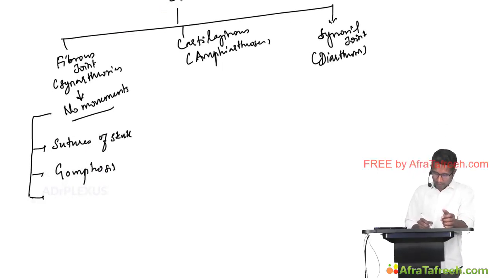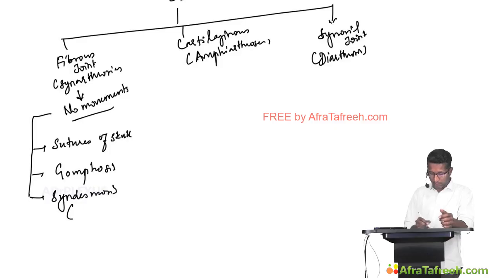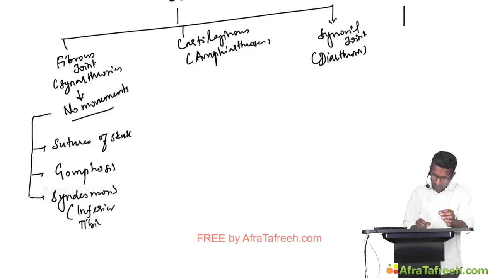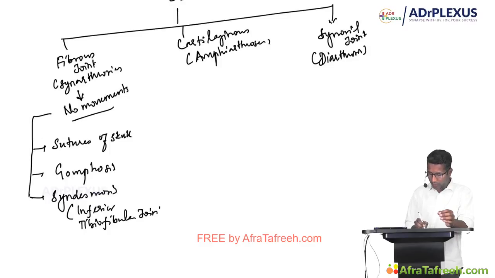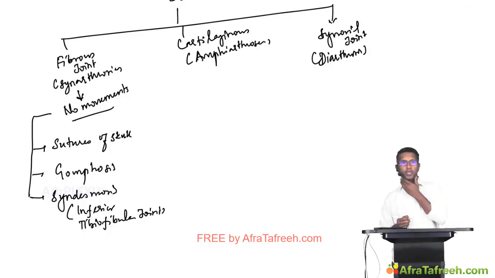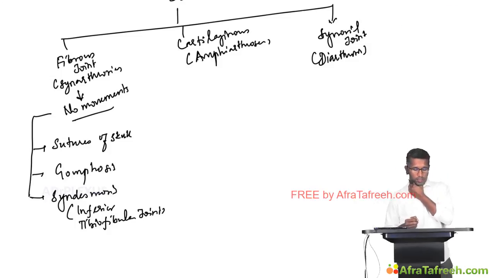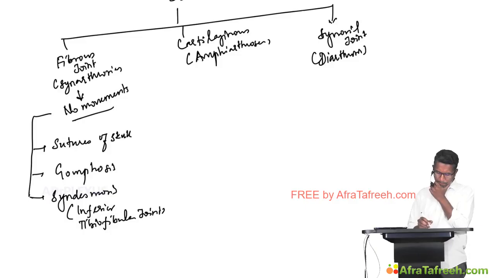Syndesmosis is also a fibrous joint. An example for syndesmosis is the inferior tibiofibular joint. Guys, the inferior tibiofibular joint is an example for syndesmosis.